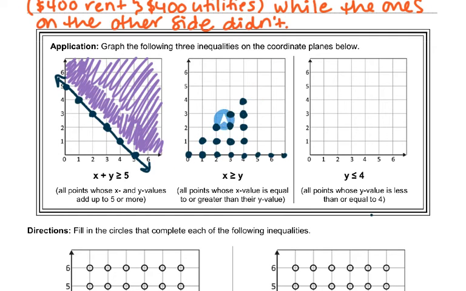So where is it no longer working? And it seems like after 1, 1, 2, 2, 3, 3, 4, 4, we can kind of think of it just going along this particular boundary line. Because after they're equal, then the y value becomes bigger if we keep going up.